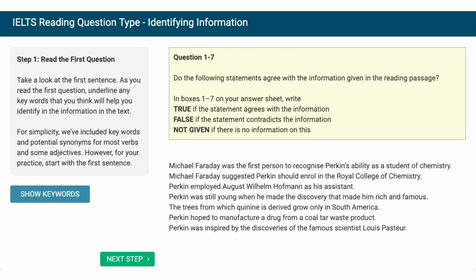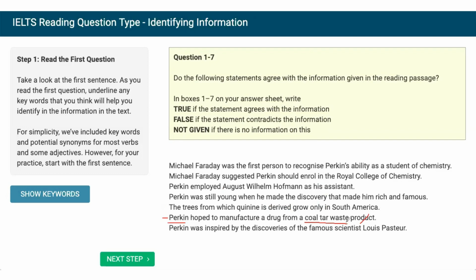The next phrase we see, Perkin hoped to manufacture a drug from a coal tar waste product. Again, Perkin. And I would say coal tar waste is also a specific type of product. You don't want to underline product because that's quite vague.